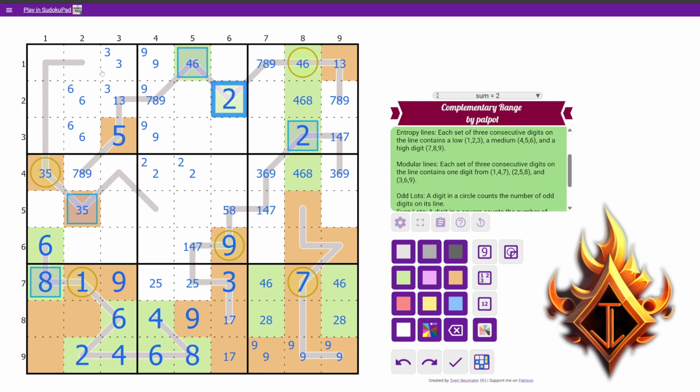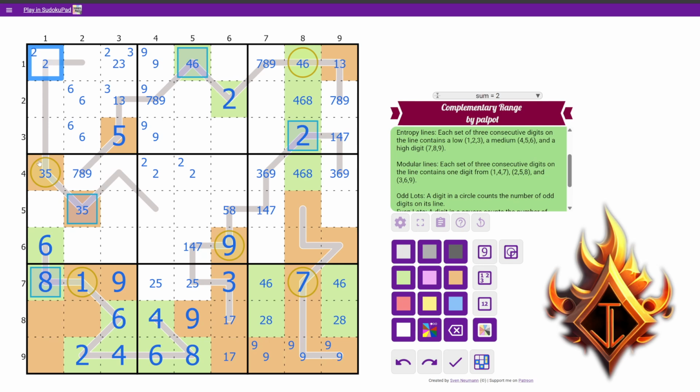So 2 is here or here. So this could be a 3 if it's entropy. Oh, wait, this is 2 either way now. Oh no, it could still be 1 if it's entropy. If this is 5, it has to be modular, and it has to be 2.